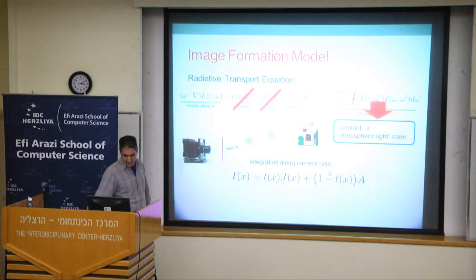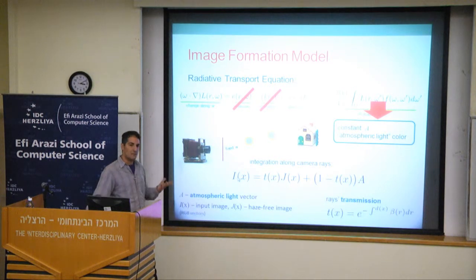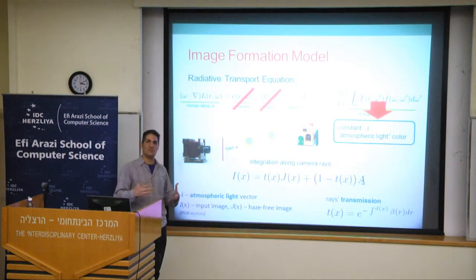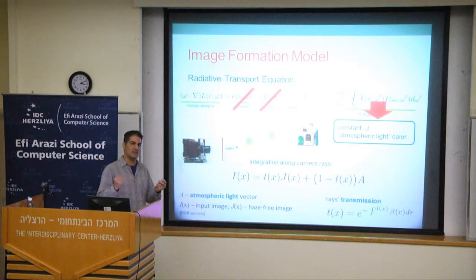By integrating this equation along the lines of sight from the camera to the object, we get this relatively simple equation where basically the input image is explained to be a convex combination between the haze-free image, J, and some constant color, which we call the atmospheric light vector, which is just the average color of the light that's undergone light scattering due to the haze. This is basically the whiteness of the haze or the bluishness of the haze.